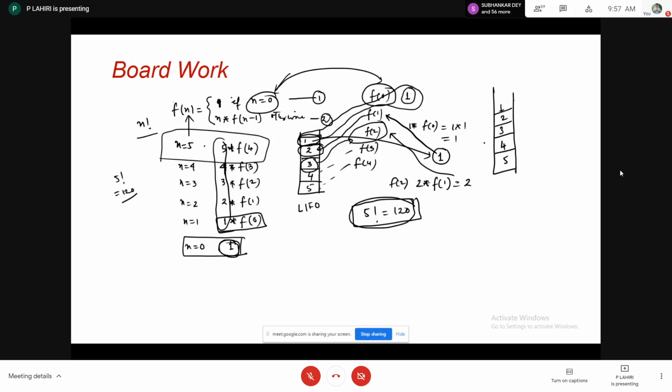So you just see, in the first case you are keeping 5 into the stack, and in the last case you are popping out 5. So a single data item is taken or evaluated twice. At the beginning it is kept, then at the time of evaluation it is popped out.